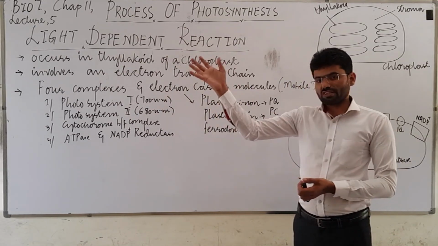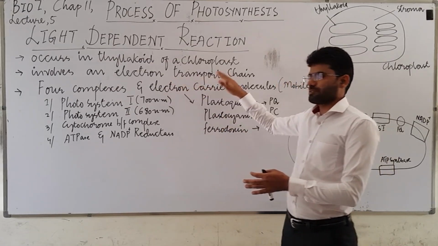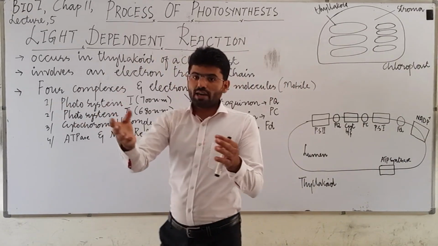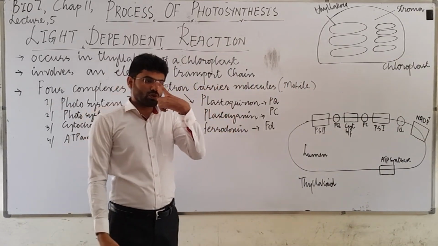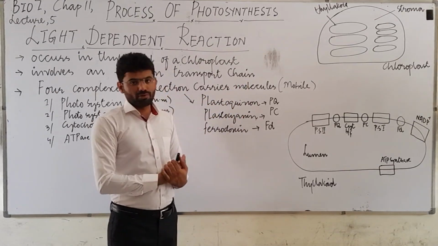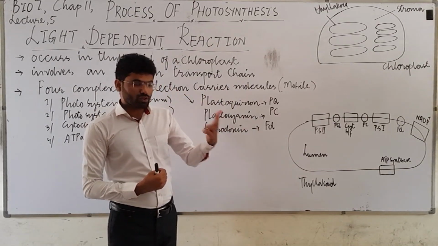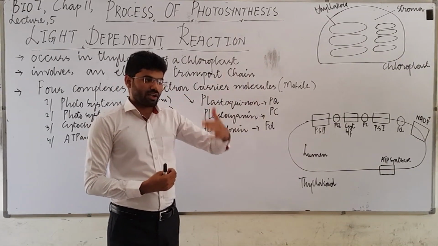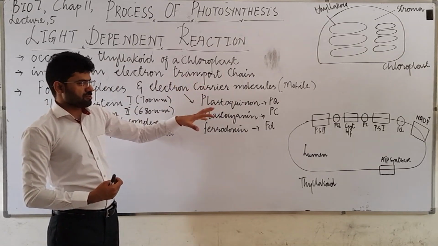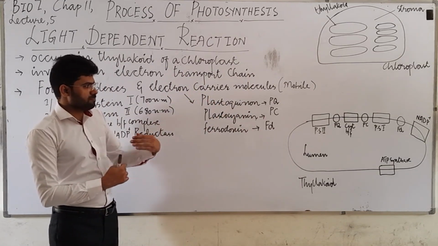So photosynthesis is all about a kind of electron transport chain, meaning those two electrons which were lost by the chlorophyll molecule of the photosystem reaction center were the start of photosynthesis. Those two electrons will start an electron transport chain, which I will later discuss in the diagram as well.